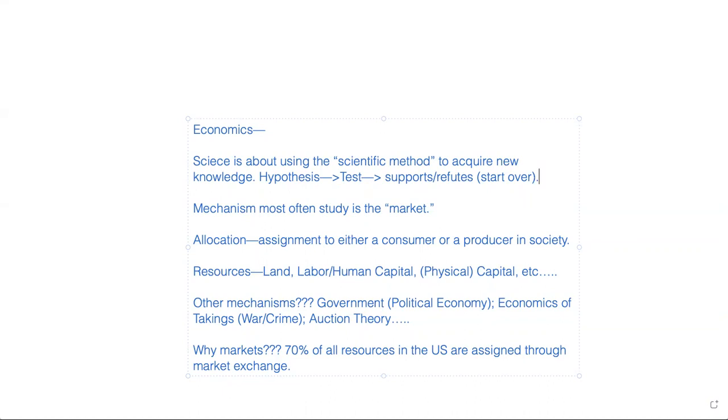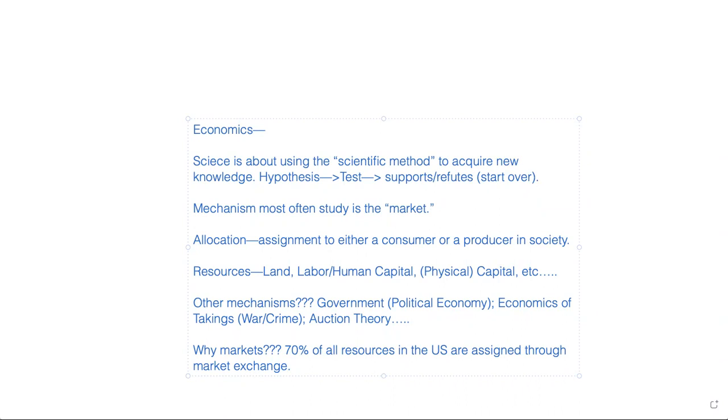So it's that chain of hypothesis, test, hypothesis, and test, hypothesize and test again, that refines our knowledge and eventually results in a theory.